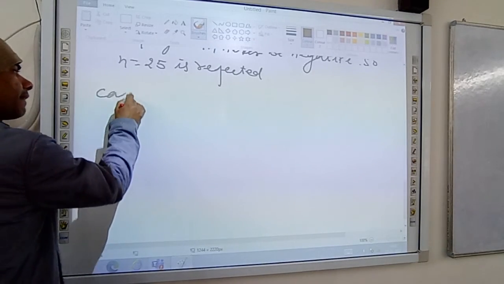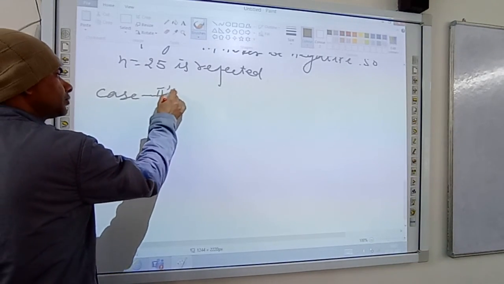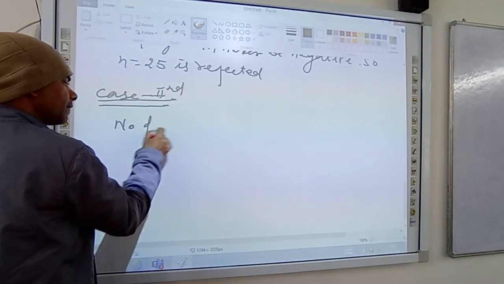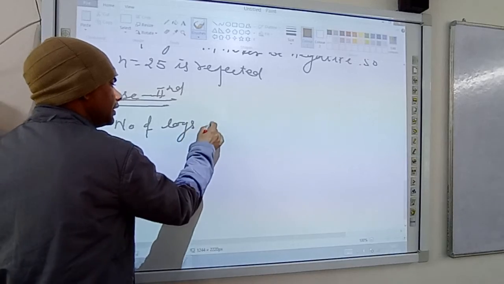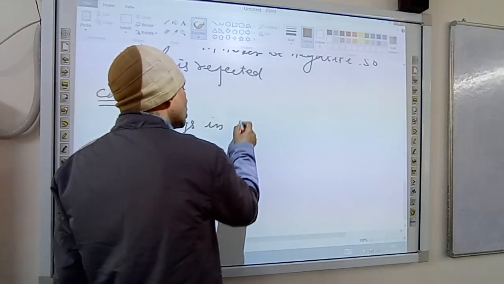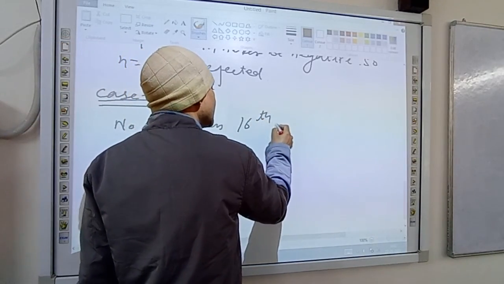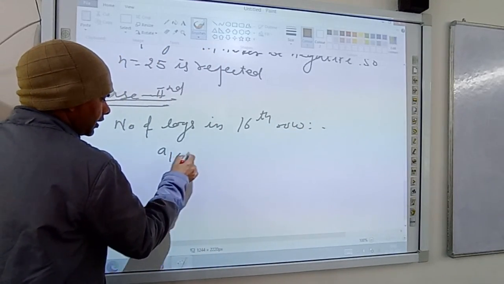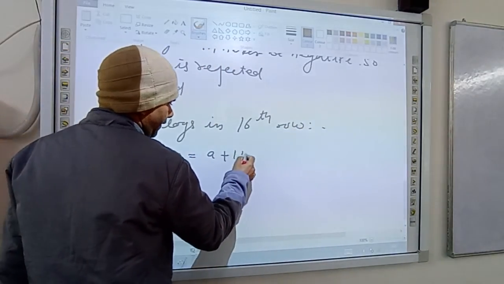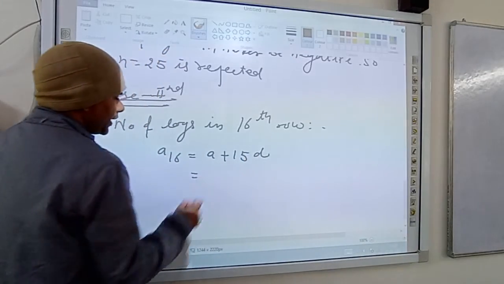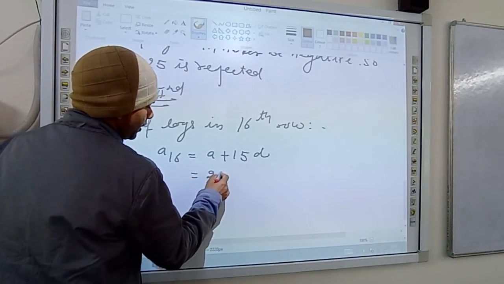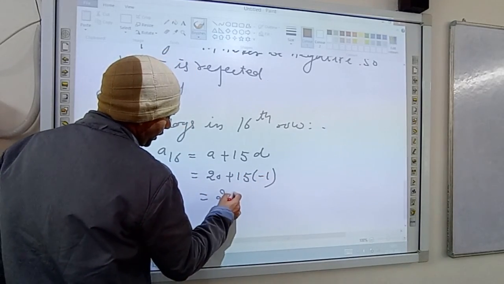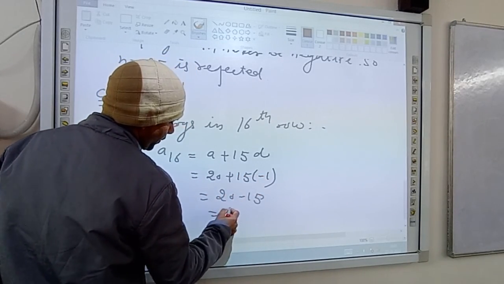Case second: the number of logs in the 16th row. a16 is a plus 15d. 20 plus 15 into minus 1, 20 minus 15, that is 5.